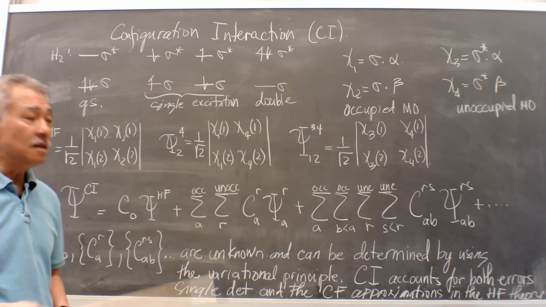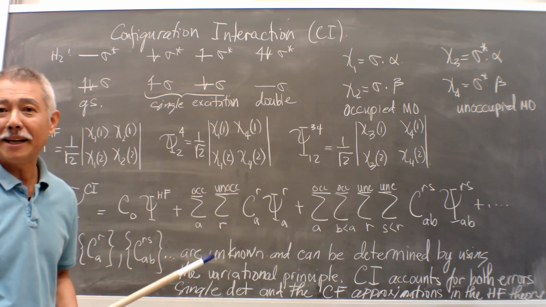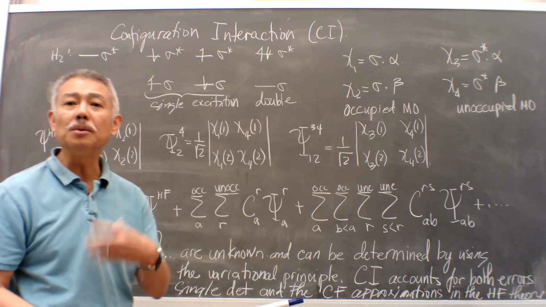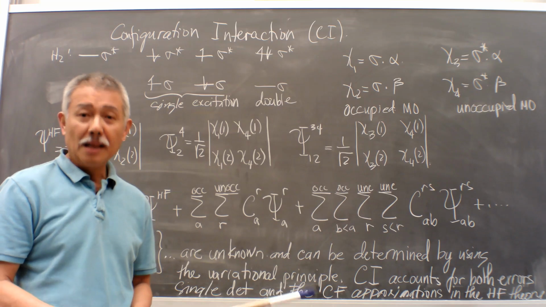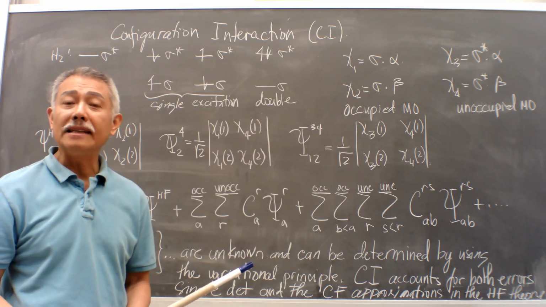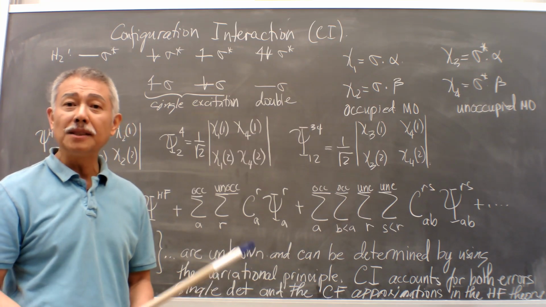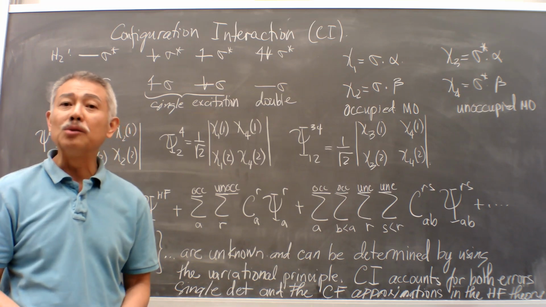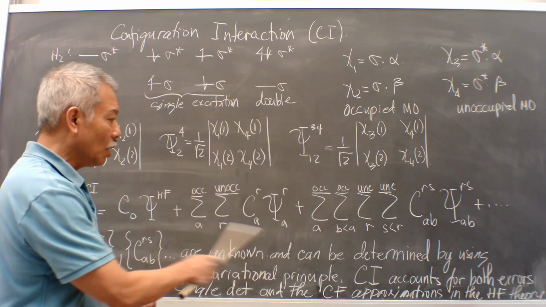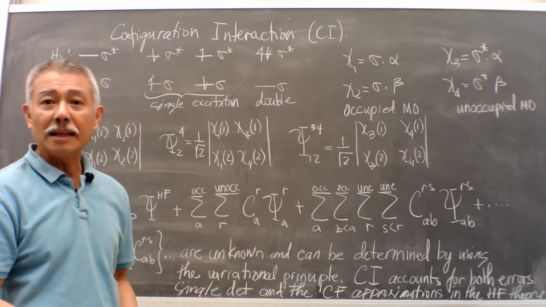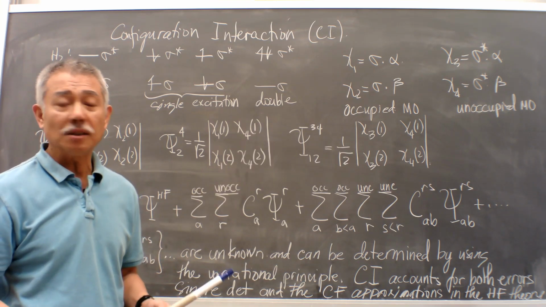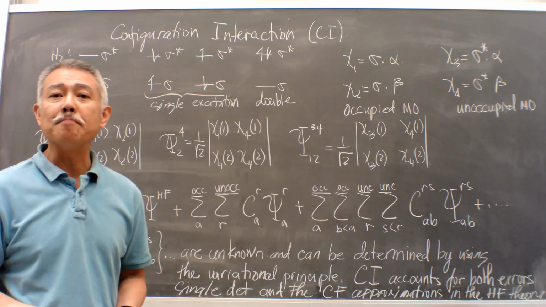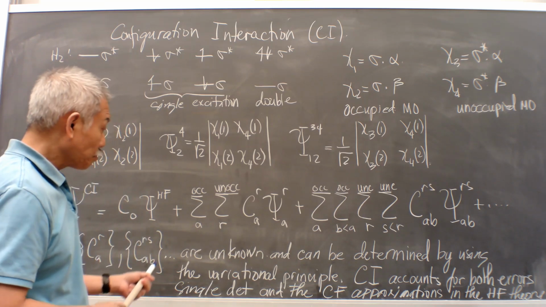The way we determine them is using the variational principle, similar to Hartree-Fock theory. We calculate the average energy of the CI, take the partial derivative with respect to all of these coefficients, set them equal to 0, and calculate the coefficients. Exactly the same methodology.